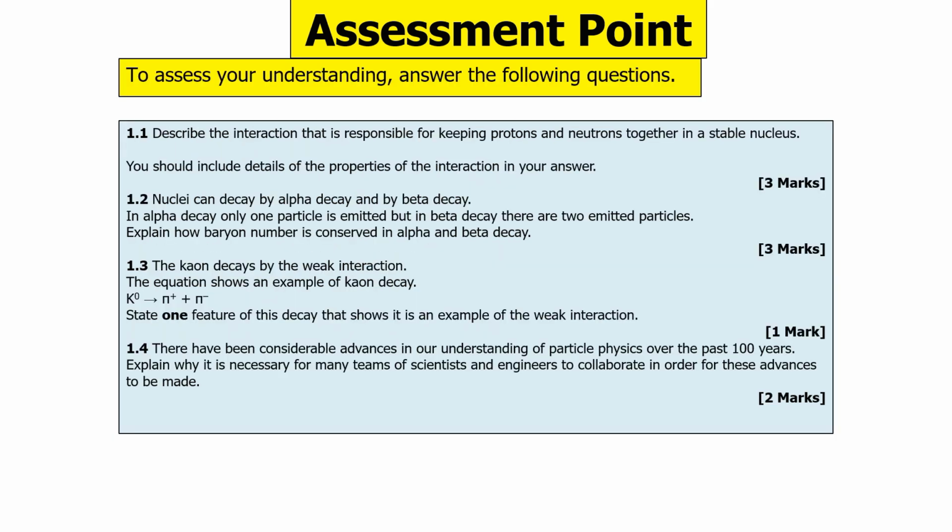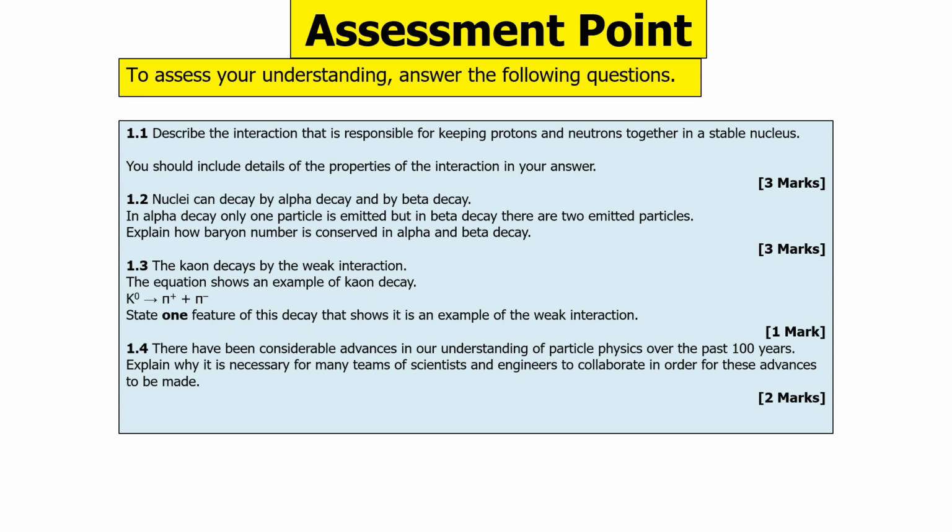The next question says, describe the interaction that's responsible for keeping protons and neutrons together in a stable nucleus. You should include details of the properties of the interaction in your answer. Nuclei can decay by alpha decay and by beta decay. In alpha decay, only one particle is emitted, but in beta decay, there are two emitted particles. Explain how baryon number is conserved in alpha and beta decay. Kaon decays by the weak interaction.